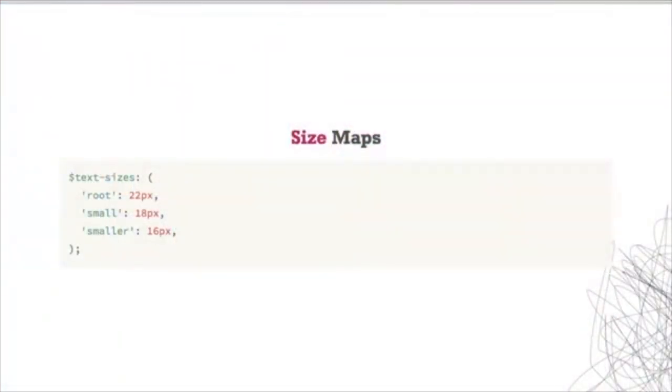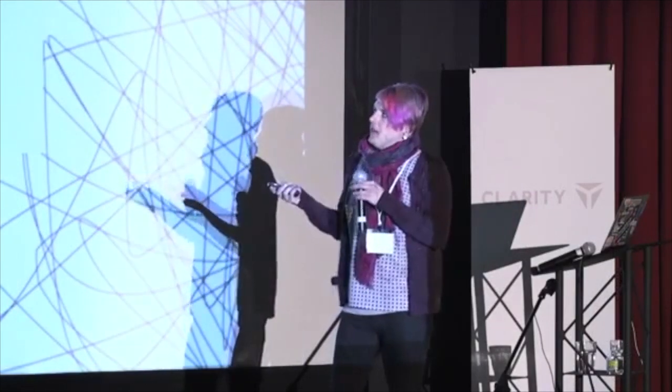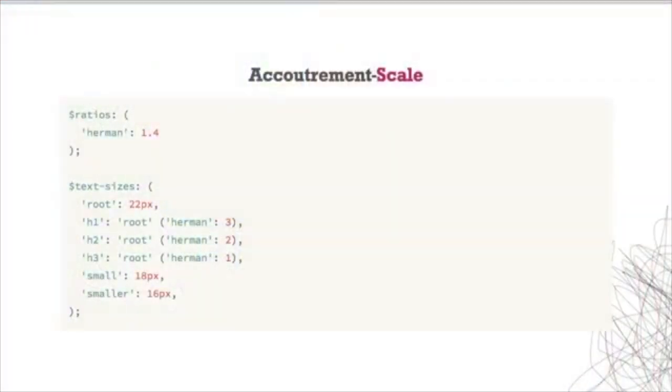We do the same thing for sizes. So we can say we want text sizes to be, there's a root size, there's small, there's smaller. And again, we do the same thing. I can define ratios if I want to do modular scales. And then I can say make adjustments based on these ratios to give me new sizes, or I can just define the sizes I want.